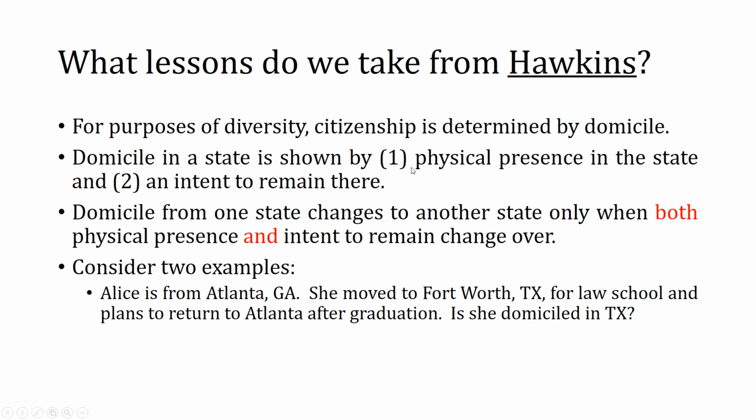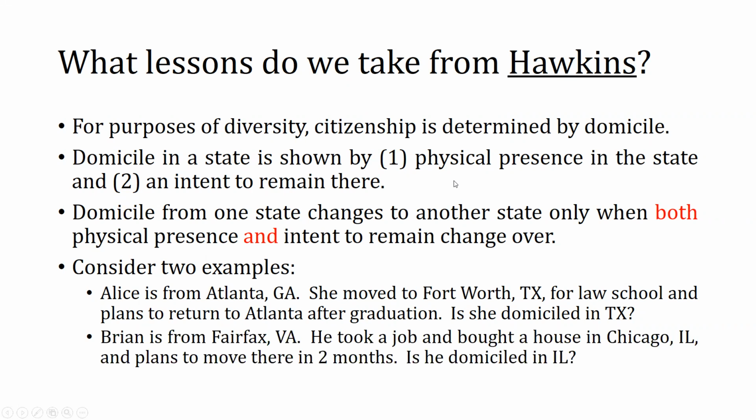Now consider a different example. Brian is from Fairfax, Virginia. He took a job and bought a house in Chicago, Illinois, and plans to move there, to relocate there permanently 2 months from now. Is he now domiciled in Illinois? Also no. Okay, he intends to remain in Illinois for the foreseeable future, maybe even for the rest of his life. So the second prong is already there. He already intends to live in Illinois.